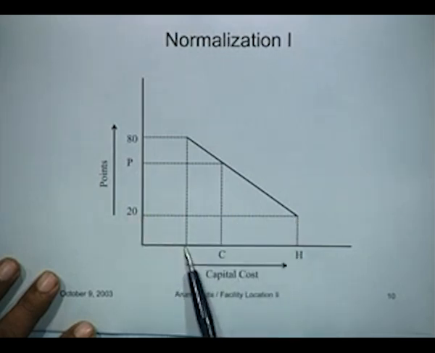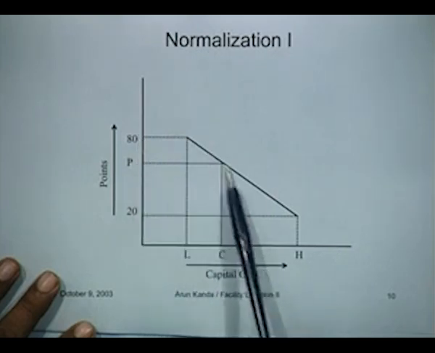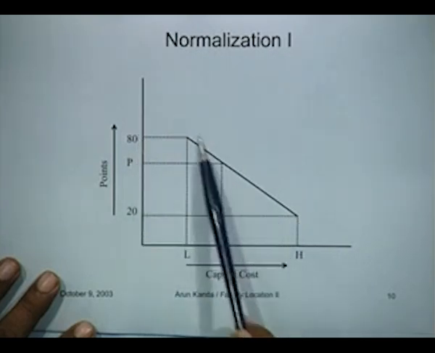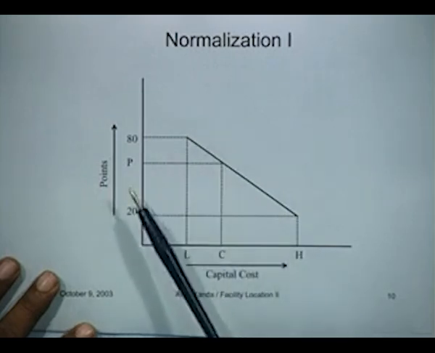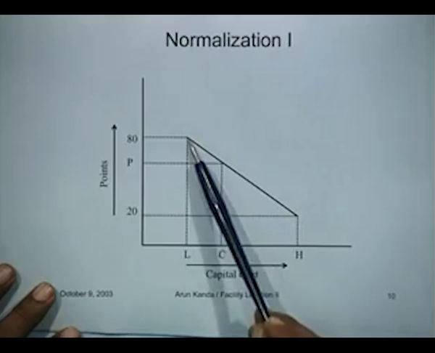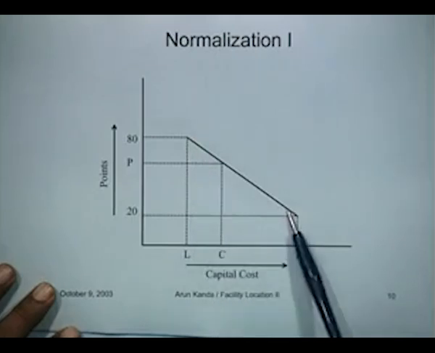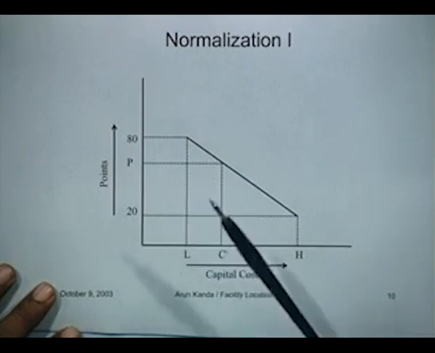The one which is the lowest should get the highest marks, which is 80. The most convenient way to represent this relationship is a linear straight line. It is very much like saying that we might have a teacher who is giving marks like this, or a teacher who might use a normalization curve of this kind, or a teacher who is giving a normalization curve of this kind.